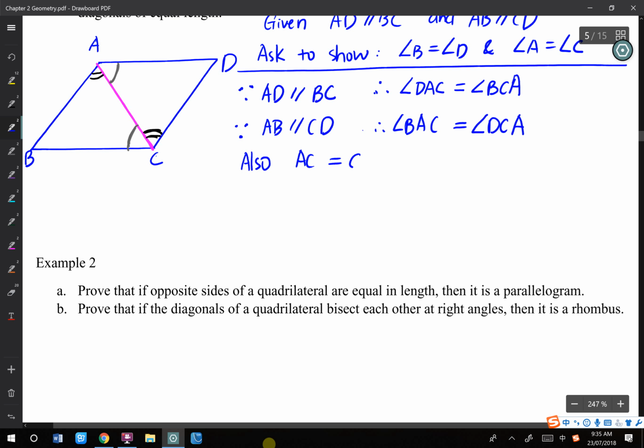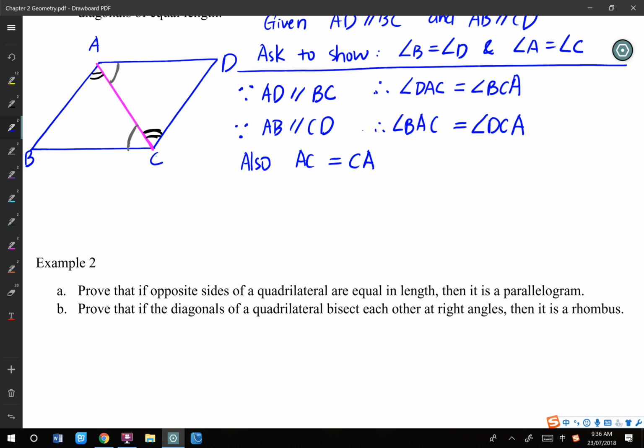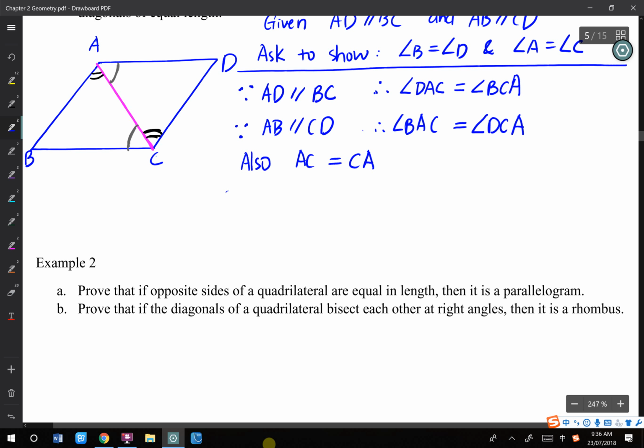AC equals CA, because they are the same line. Like, think about two triangles. AC is the length in the first triangle, CA is the length in the second triangle as well. So you just say AC equals CA, they are the same length. So due to ASA, you have two angles equal already in the triangle.